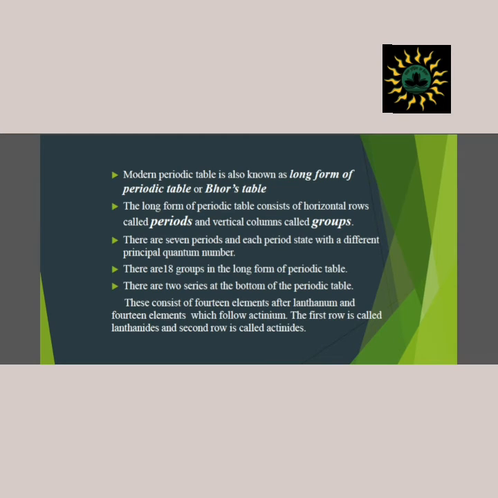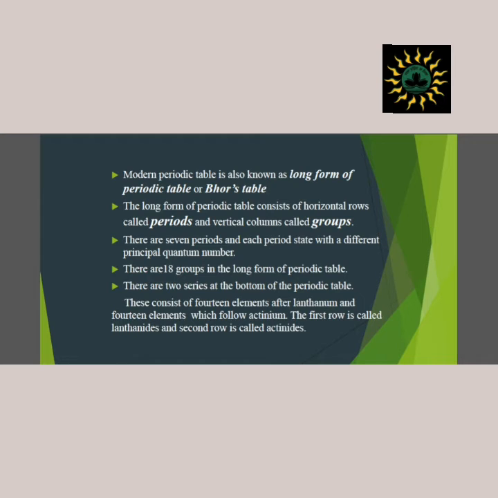Let's see the features of this modern periodic table. The modern periodic table is also known as the long form of the periodic table because it consists of 120 elements or more, including unstable ones. The long form of the periodic table consists of horizontal rows called periods and vertical columns called groups. You already know about this. There are 7 periods and each period starts with a different principal quantum number.